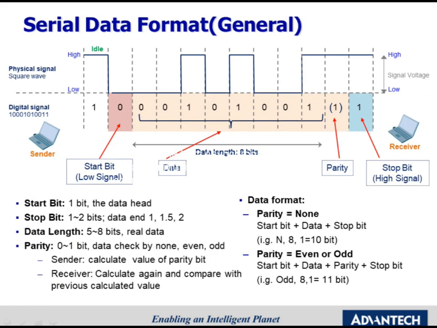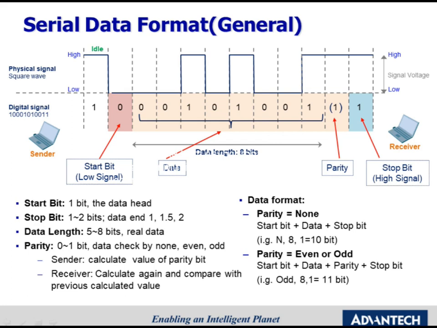Here is a general serial communication data format, and a customer can decide the data format by themselves. For example, the stop bit has 1 bit, but the stop bit can be 1, 1.5, or 2 bits. As for the parity, there can be no parity bit, or 1 parity bit.